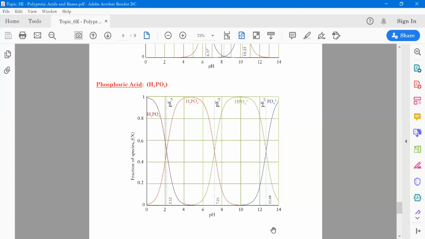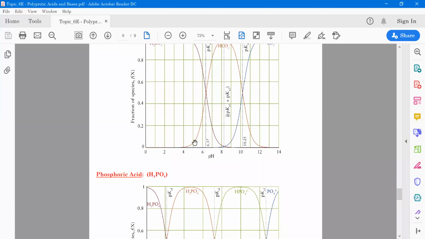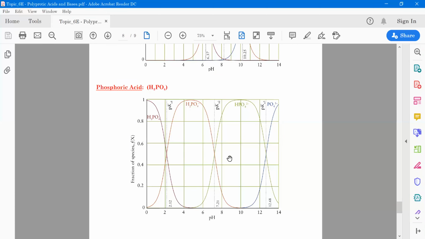And this is the reason why you don't have to have all of this forming with the sodium hydroxide you added, because it will behave as just as strong a base as sodium hydroxide does. But these are the alpha plots for both a diprotic acid, carbonic acid, and a triprotic acid.